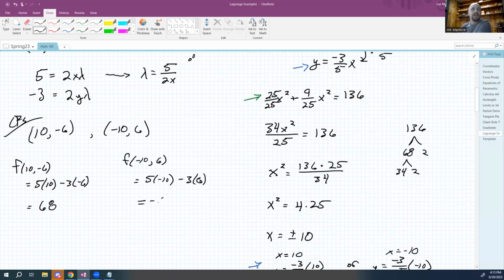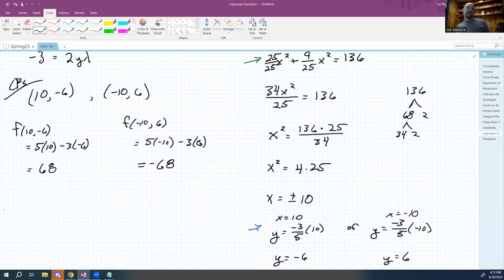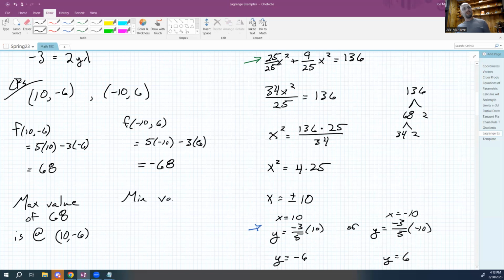So that's like negative 68. Oh, cool. Seems like it worked out. So I feel like the max value of 68 is at 10 comma negative 6, and the minimum value of negative 68 is at negative 10 comma 6.